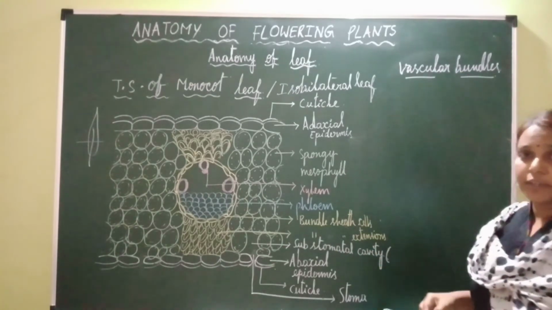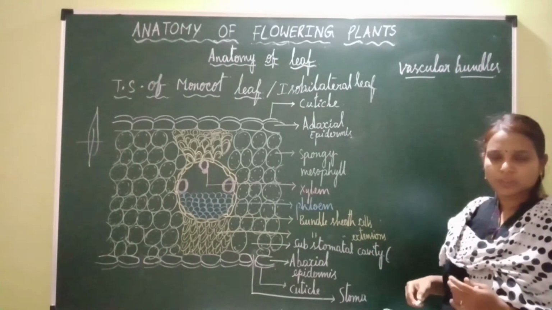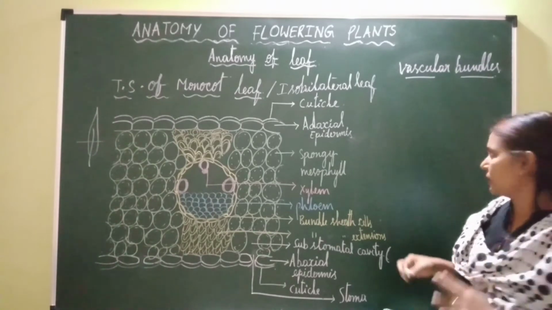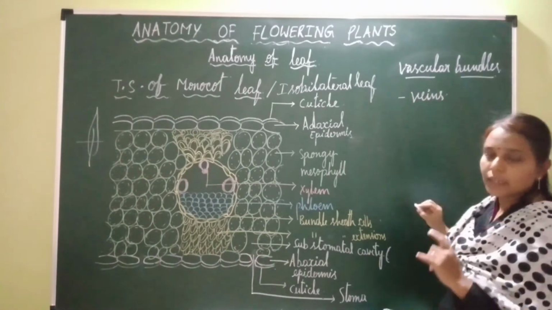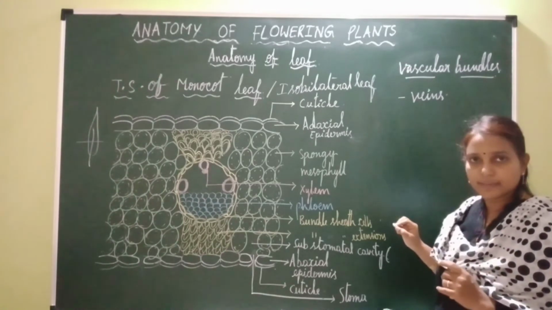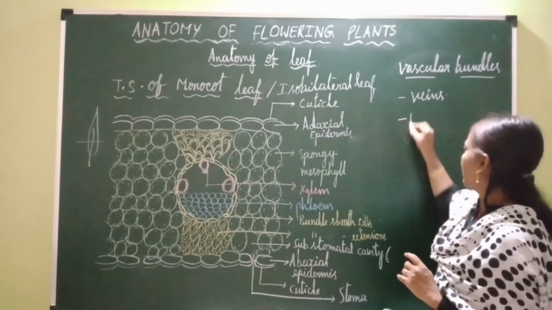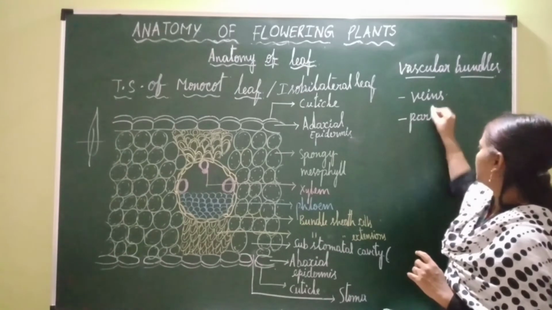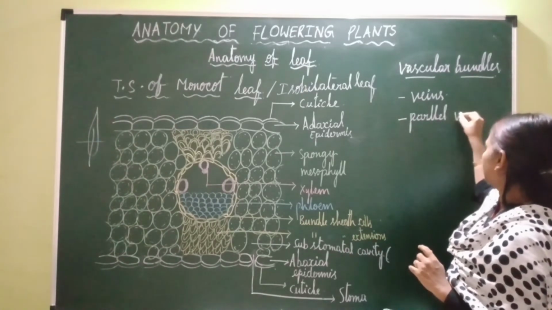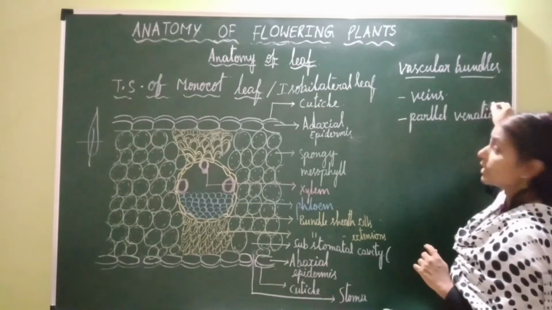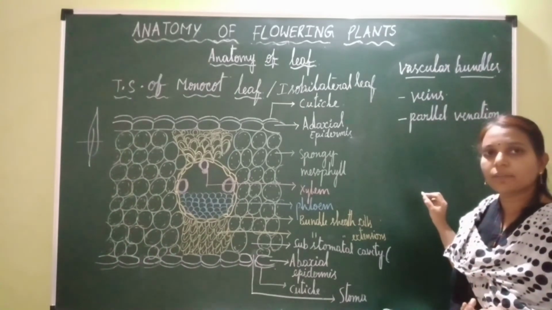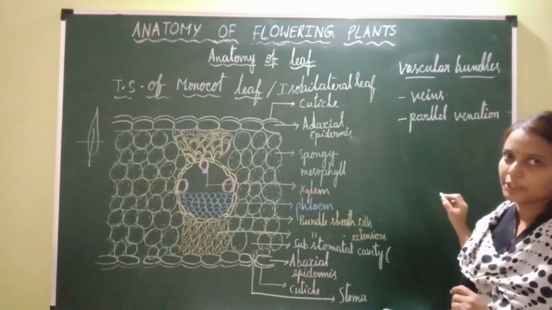So in monocot leaf or in dicot leaf also, these vascular bundles are present in veins. In case of monocot leaf or isobilateral leaf, the type of venation is parallel venation. What is venation? Arrangement of veins and veinlets inside the lamina part of the leaf is called venation, and the type of venation in dicot leaf is reticulate venation. In monocot leaf it is parallel venation.